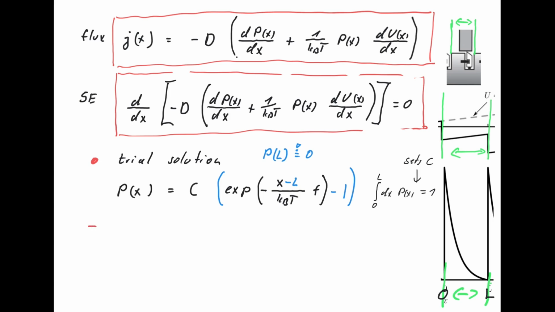Now, if we check the requirements of the solution that we found here, well, we constructed that P of x vanishes at the bolt. So P of L is equal to 0.